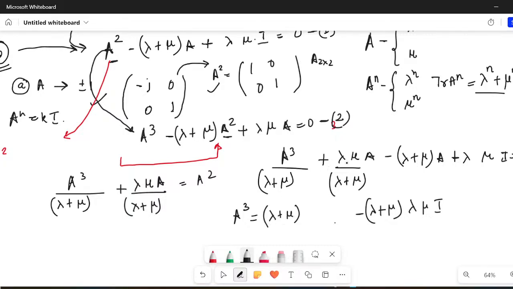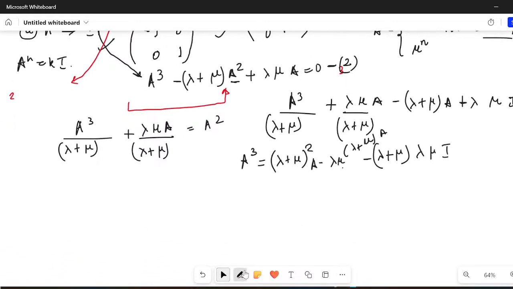So this will go to this side, and lambda plus mu whole square A minus lambda mu into lambda plus mu A, right? I hope it is clear.